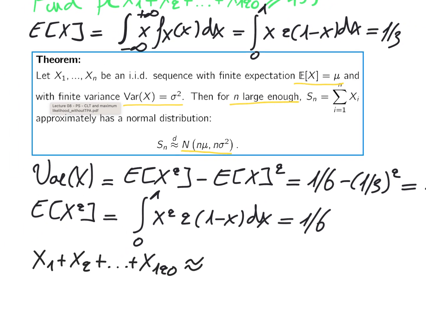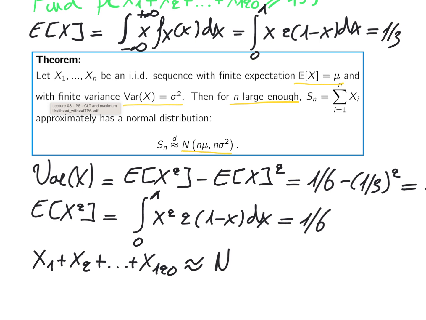Now the theorem that you see here on the screen tells us that the sum of all these variables, x1 plus x2 plus x3 up until x120, the distribution of this sum can be approximated with a normal distribution.